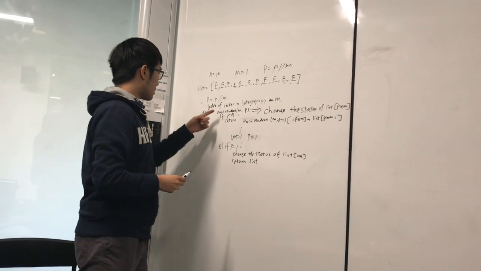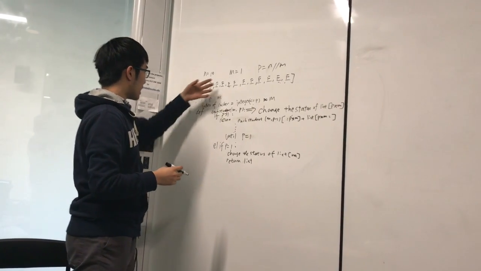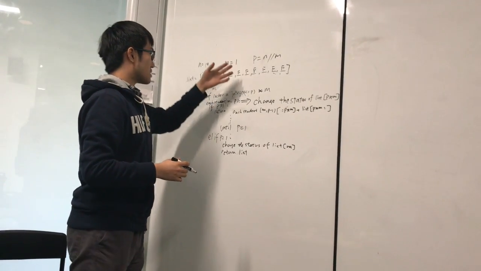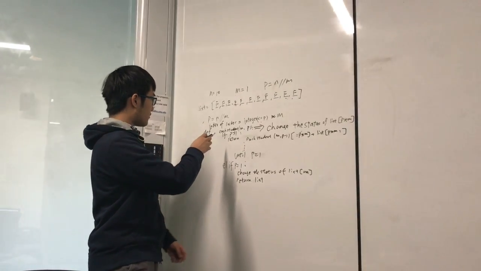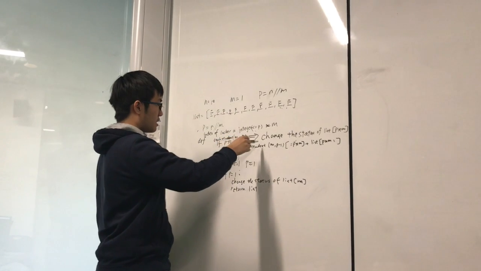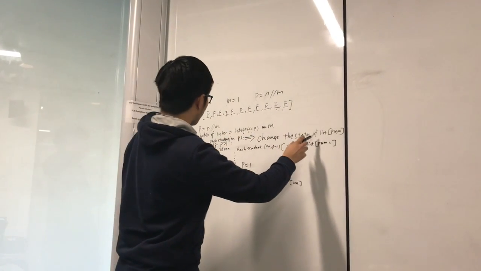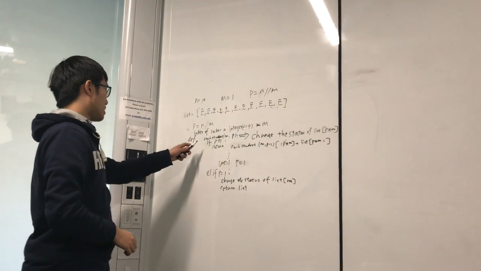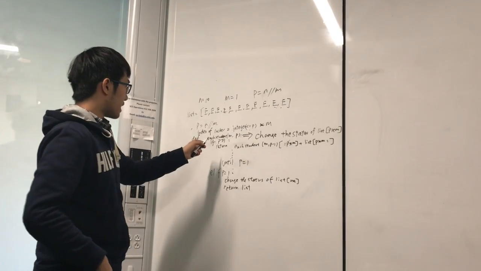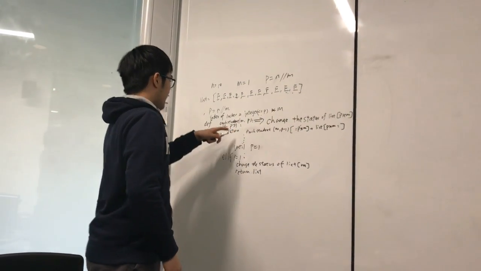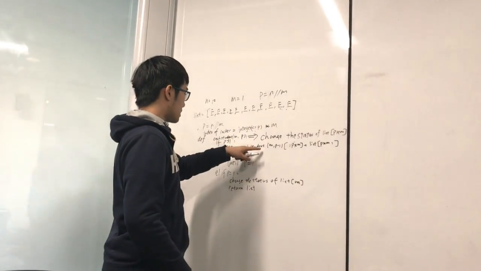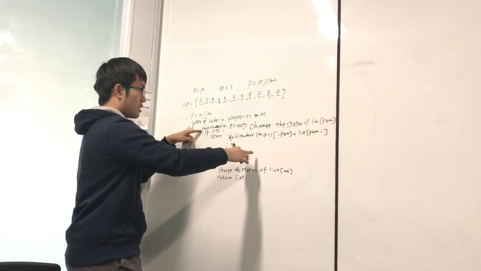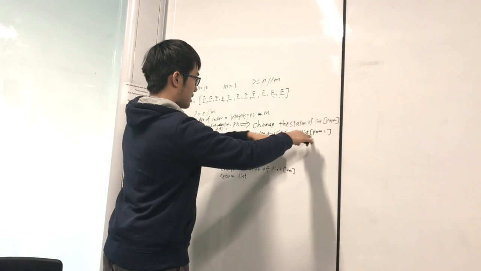We define a function called each student, which means that for each m we change the lockers. We define a function called each student with m and p, which means that we can change the status of the locker p times m. First of all, if p is bigger than 1, we change the status and return the list of each student m, p minus 1, where we call the function again, and we also add the list of this part.